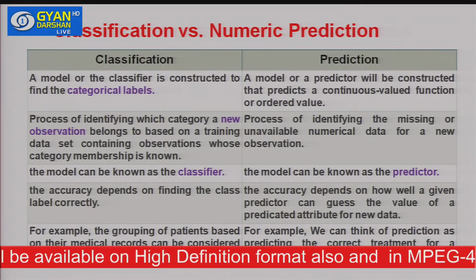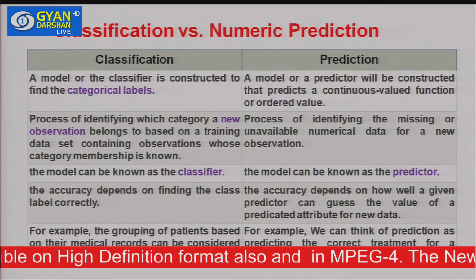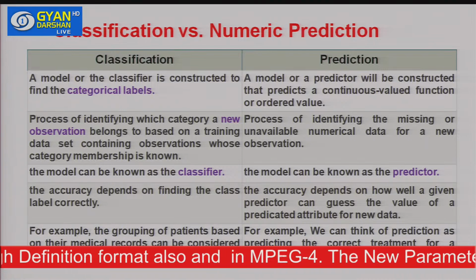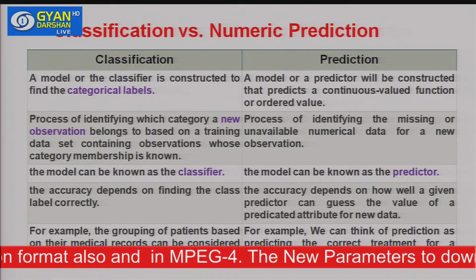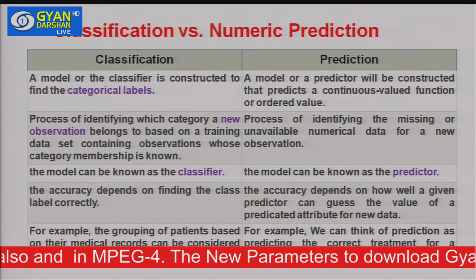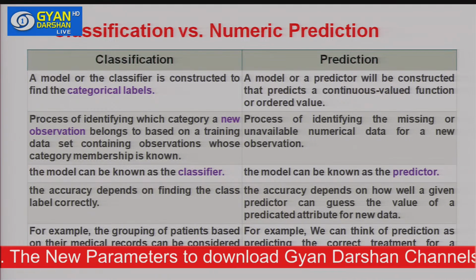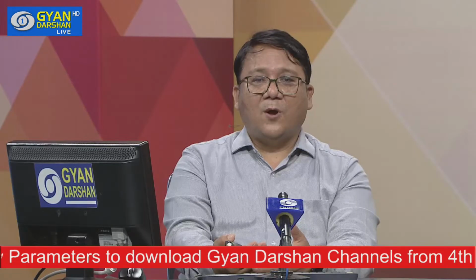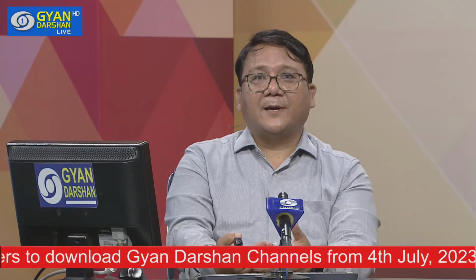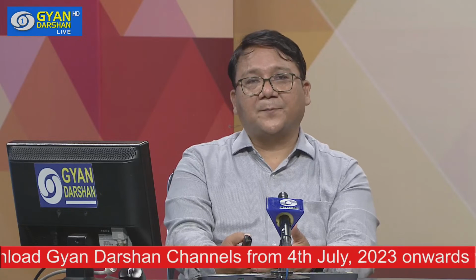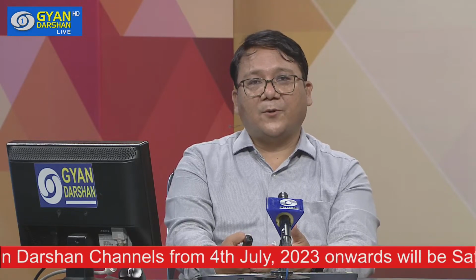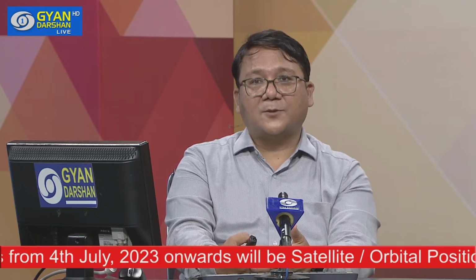For example, grouping patients based on their medical records can be considered classification, whereas predicting the correct treatment of a particular disease for a person is prediction. That is how we differentiate between classification and prediction here. One thing to be noted: in classification, categorical values have to be there, while in prediction you have continuous value data or a continuous value function to be used.